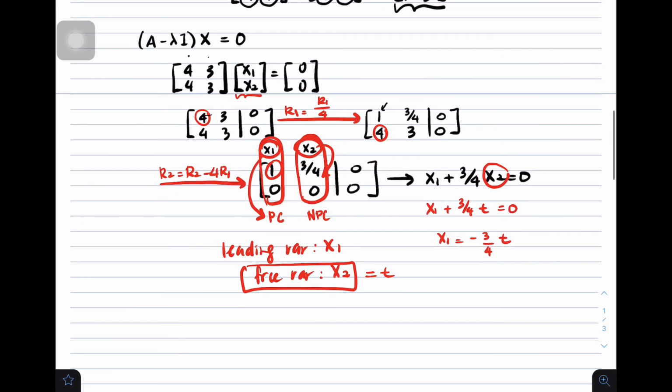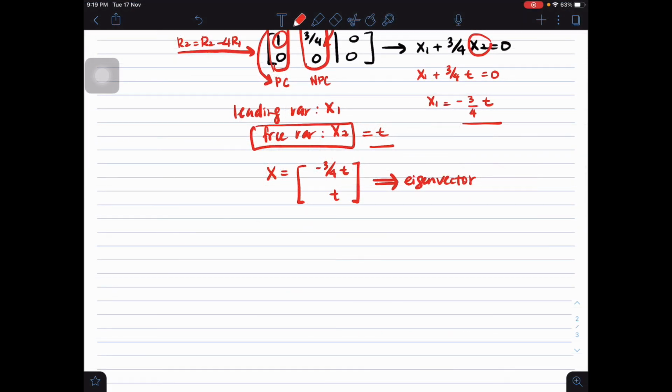Now you already have your value of x1 and the value of x2. So you can write your x as negative 3/4 t for x1 and t for x2. So this one is your eigenvector.